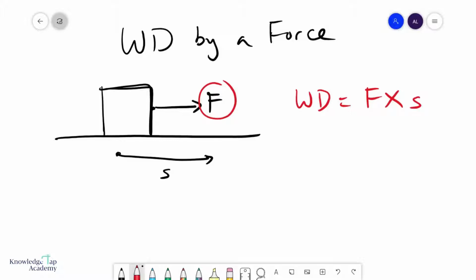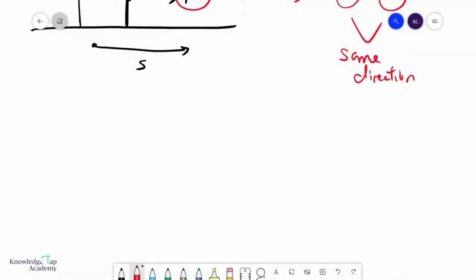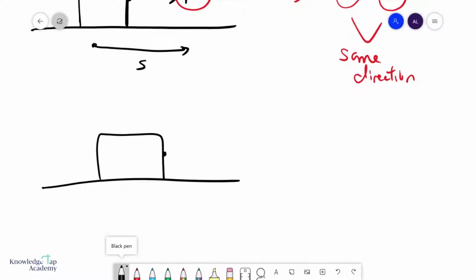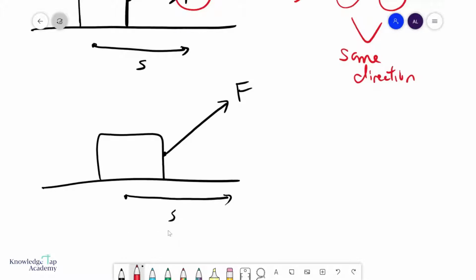Now, it is very important to remember that this only works if both the force and the distance are in the same direction. And so let us consider a second example. Something similar, but this time we're going to apply the force at an angle like so, and we're still going to travel horizontally like this. Now, keeping in mind that the force and the distance must be in the same direction, then we need to do some resolving over here.